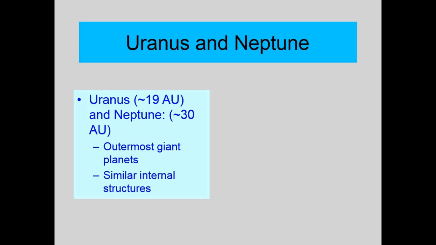There is some idea that there may be one or more out there beyond them, but they haven't been discovered yet. They see traces of evidence there might be one, but they haven't seen it yet. These have very similar internal structures, not that far from being what Jupiter and Saturn are, only on a smaller scale, but they are very, very similar.